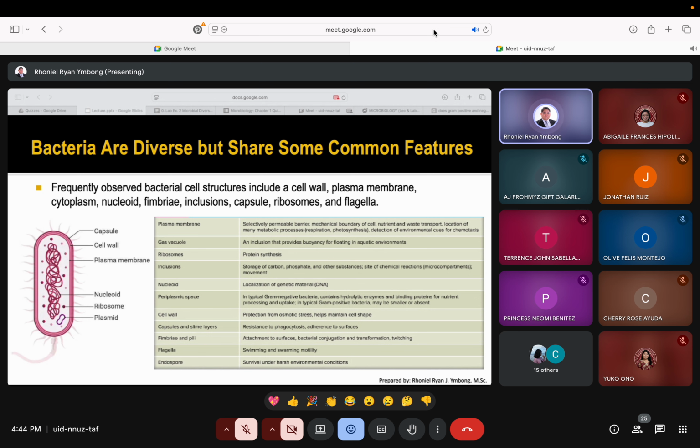So what do they have inside their cytoplasm is actually a specific region as to where they are protecting the genetic material of your bacteria, no, the chromosome as well as the plasmids, for example, and also the inclusions. No? So when you say inclusions, these are actually inorganic counterparts or inorganic materials that are present in your cytoplasm.